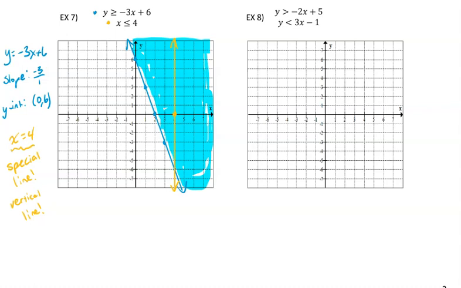So instead, if it's x is less than or equal to a number, or x is greater than or equal to a number, instead of thinking above or below, we're going to think about left or right. So this is just like interval notation. If it was x less than 4, you'd be shading to the left. So same idea here. The things that are less than x equals 4 are to the left of it. So we're going to shade everything to the left in this case.